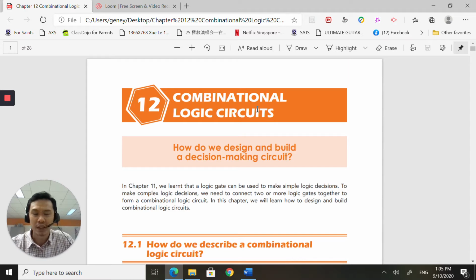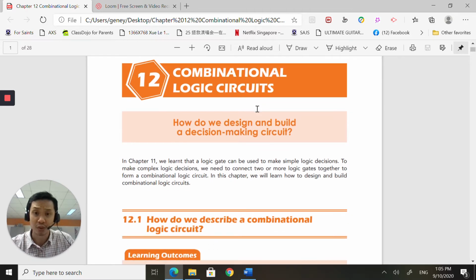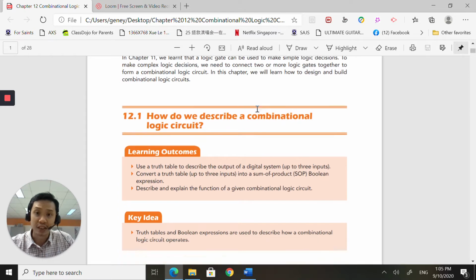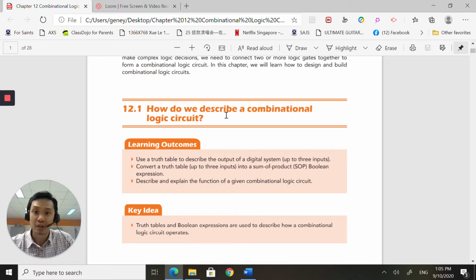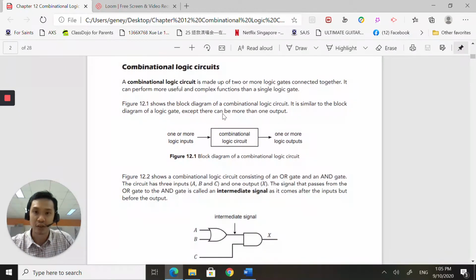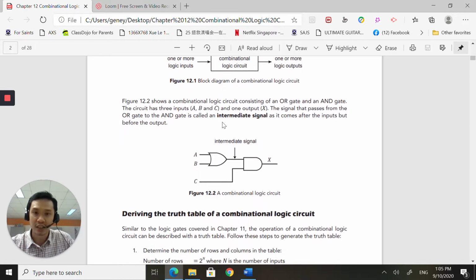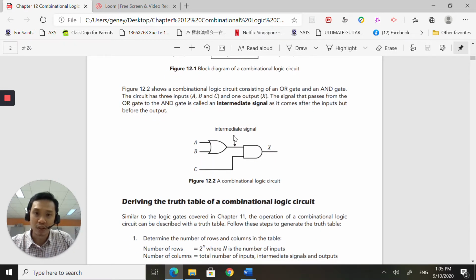Okay, so a couple of things. First part is, of course, how we are going to describe a combinational logic circuit. So right now, if we are looking at this circuit here, what we have is, sorry, an OR gate and an AND gate.